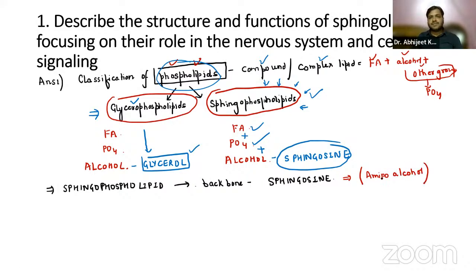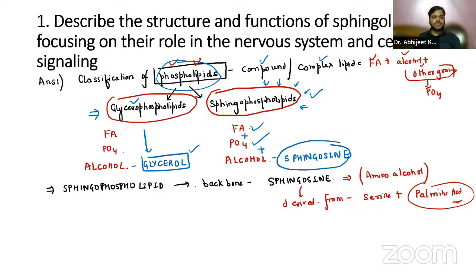And remember, guys, the sphingosine is basically derived from serine plus palmitic acid. So we have serine, and along with that we have the fatty acid called palmitic acid.